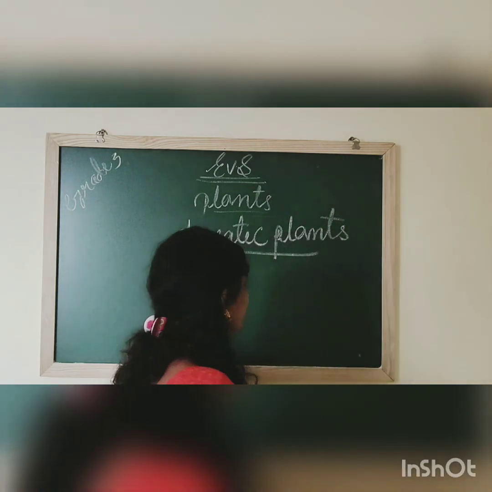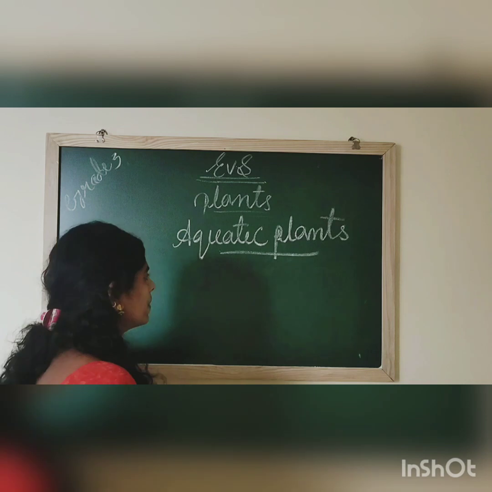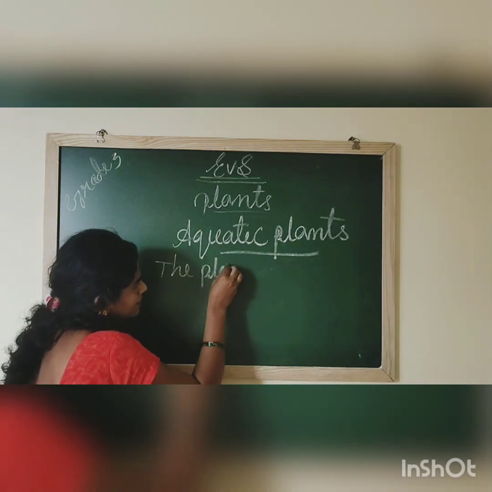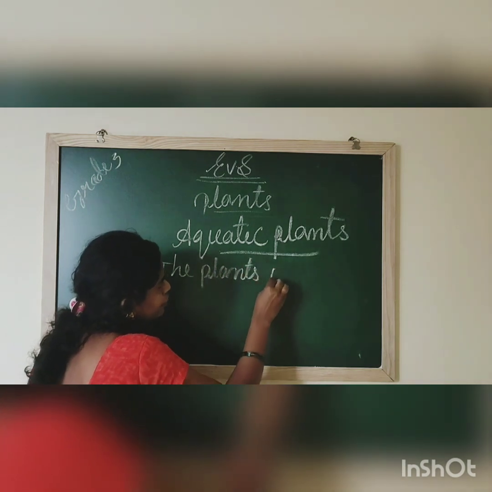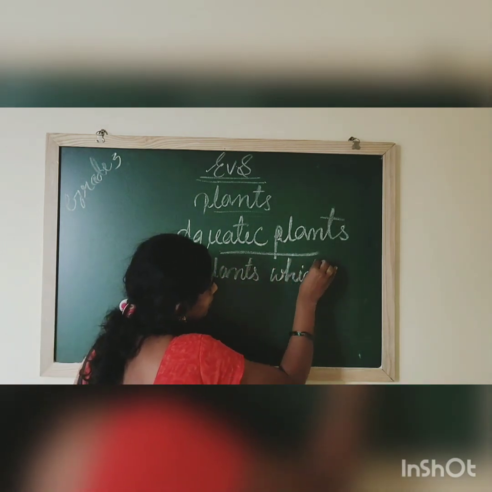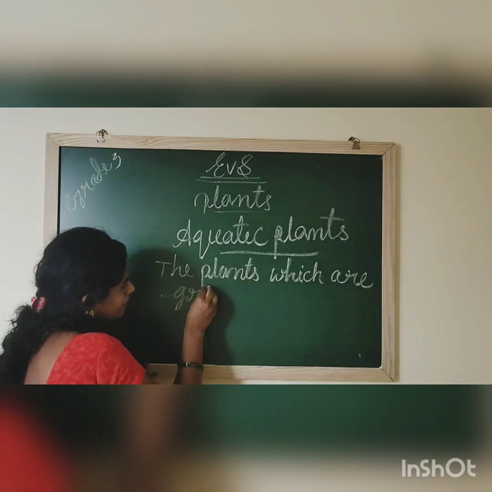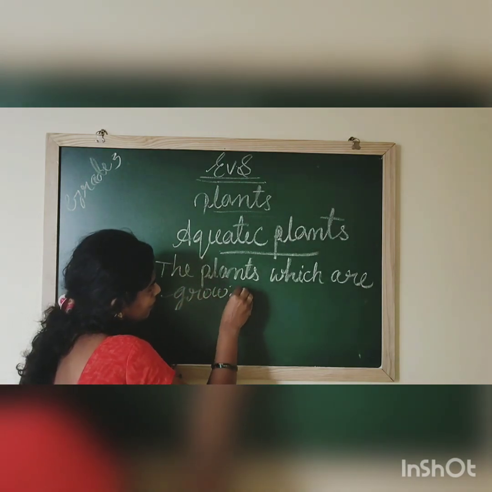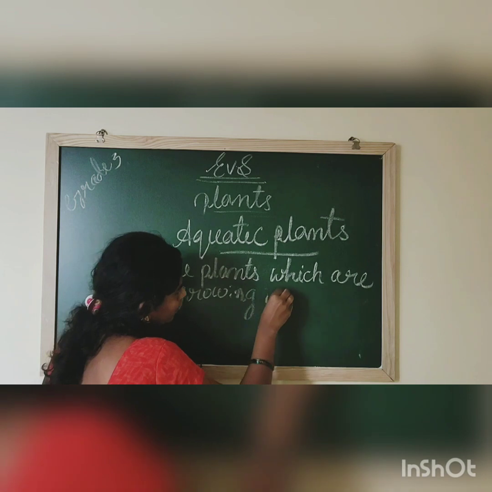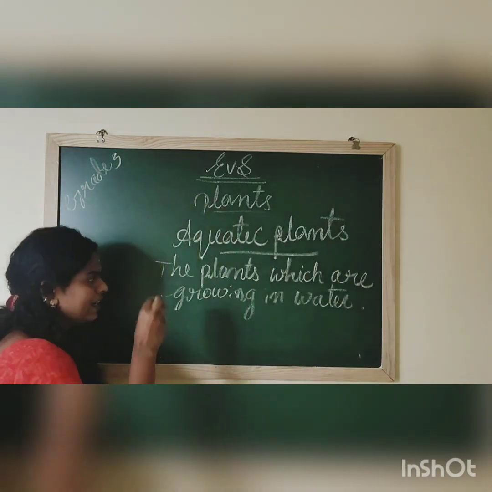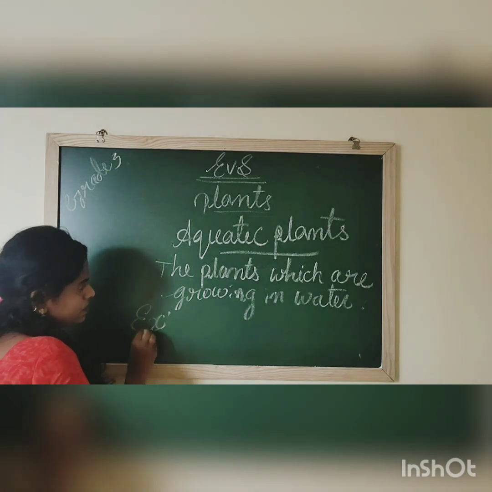Such plants are referred to as aquatic plants. So the plants which are growing in water are called aquatic plants.